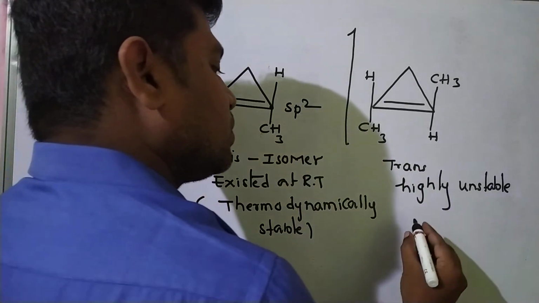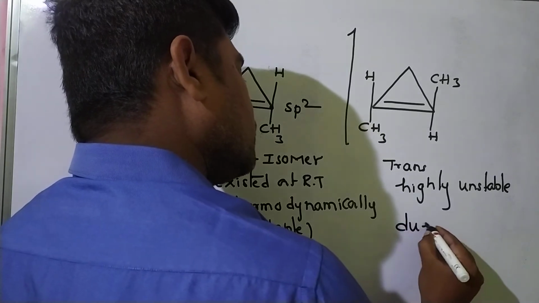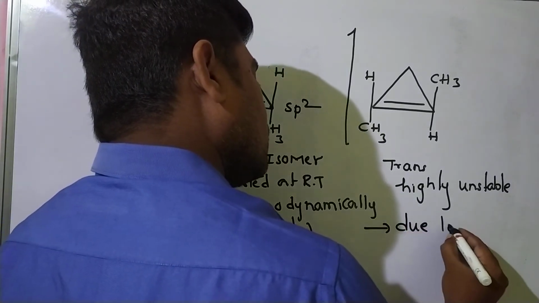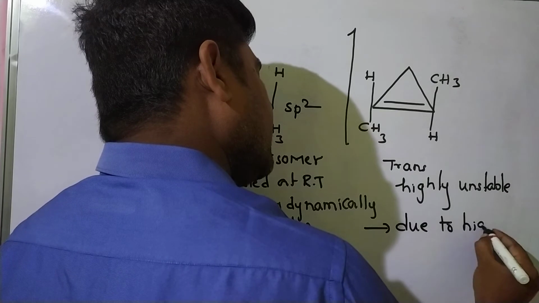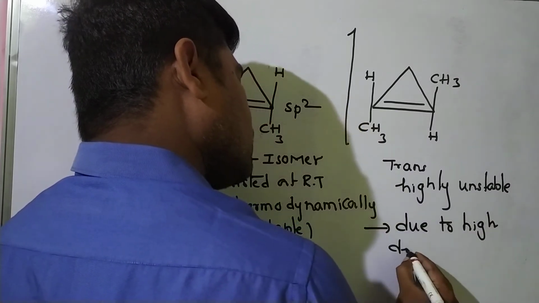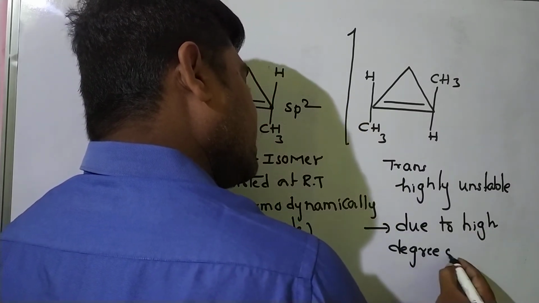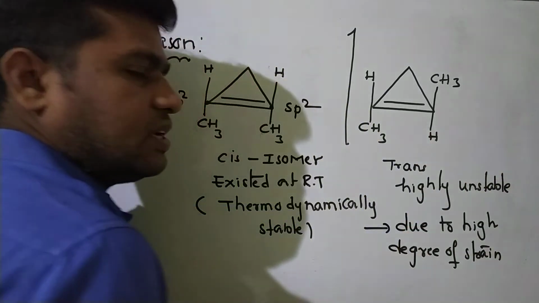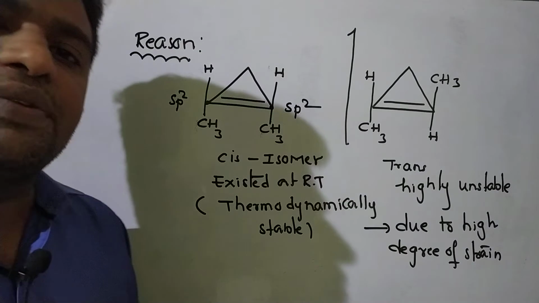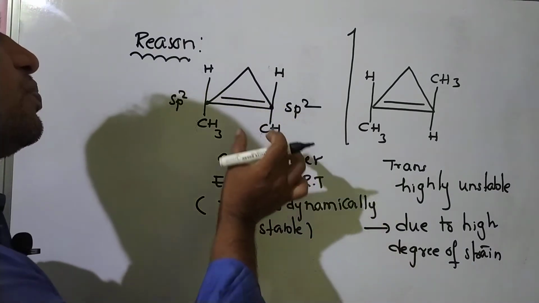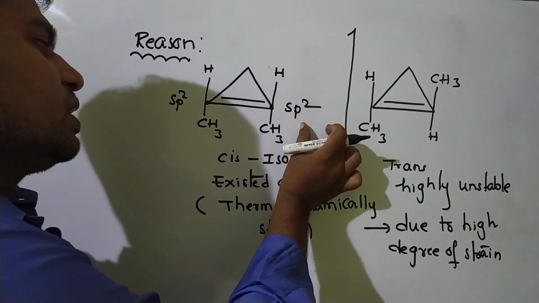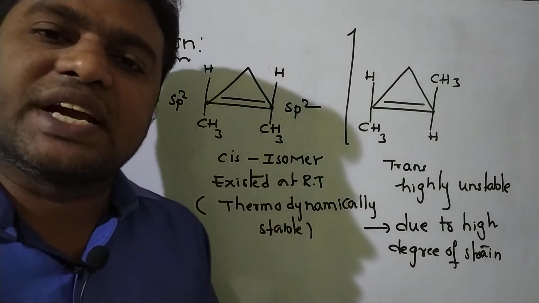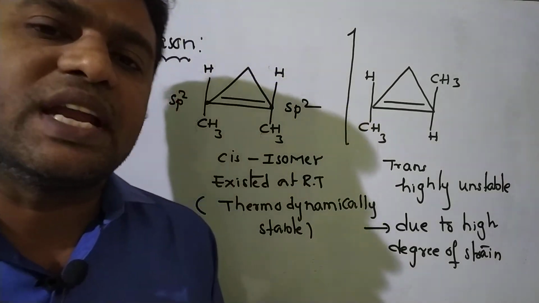Why? Because of a high degree of strain. So that is the reason. Okay, students, I think you understood well. Up to 7 carbon atoms, the cis isomer may exist at room temperature, meaning it is thermodynamically stable.